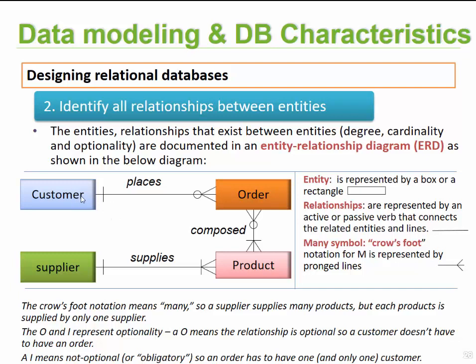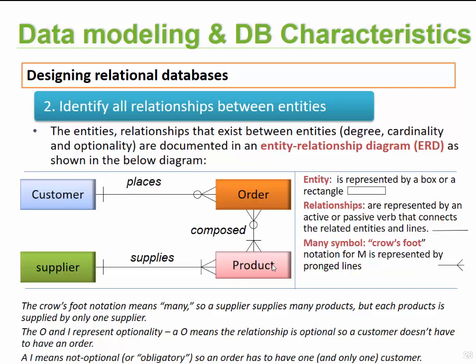So in this case, a customer might, because it's optional, place many orders. So a customer might place many orders. An order should be, it's required, placed by one customer. So again, an order should be placed by one customer. So those two sentences represent our enterprise or business rule.